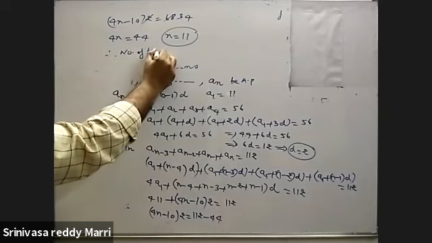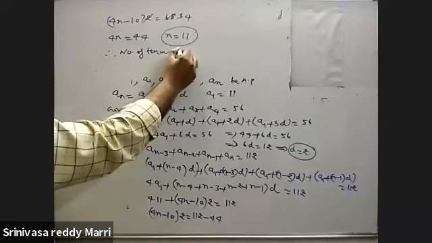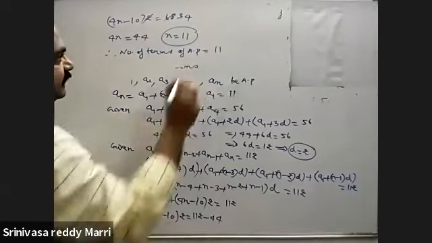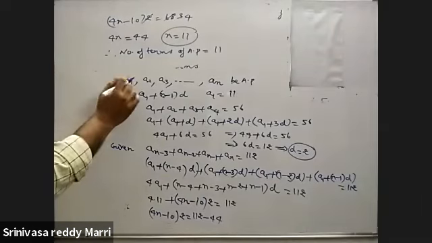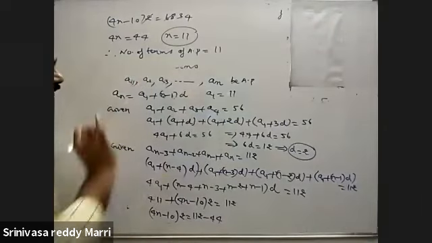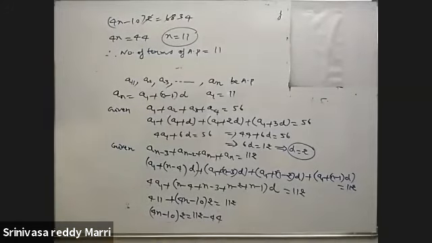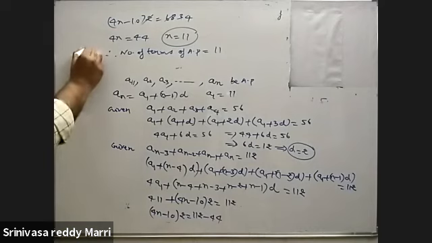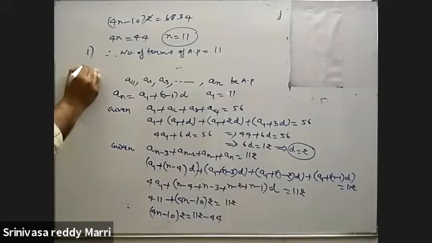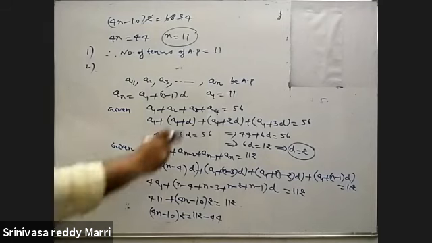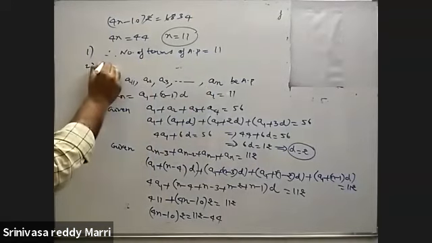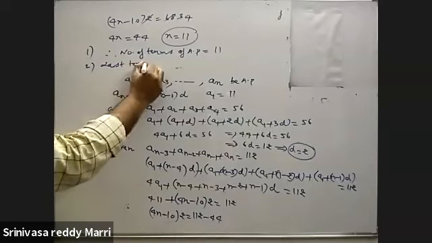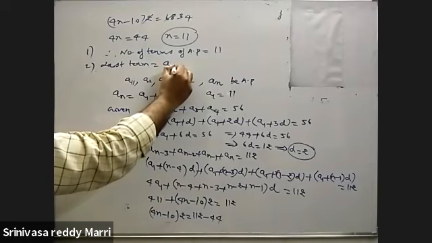Therefore the number of terms in the AP is 11: A1, A2 and so on, there will be 11 terms. Number of terms means n. This was the first question. Now in the second question, find the last term. The last term means the 11th term, A11.